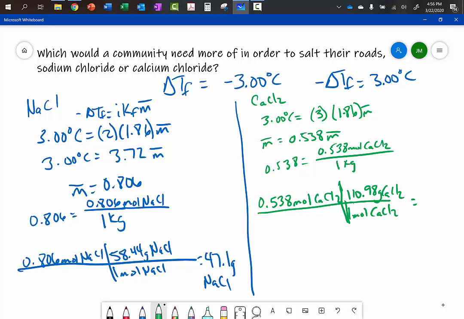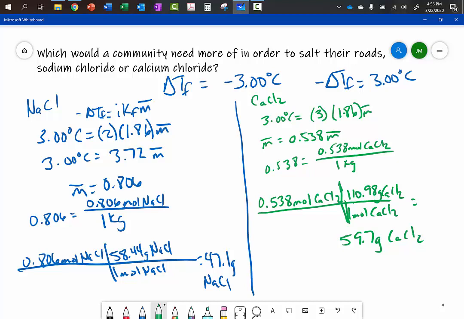And this means that I would need 59.7 grams of calcium chloride for every 1 kilogram of solvent in order to have the same effect as my 47.1 grams of sodium chloride.